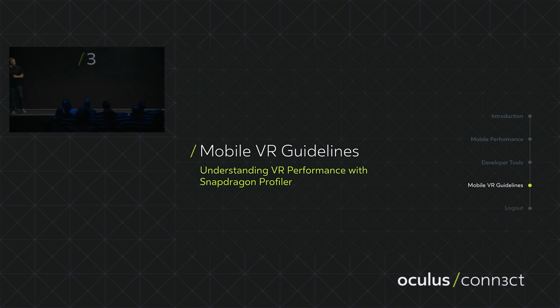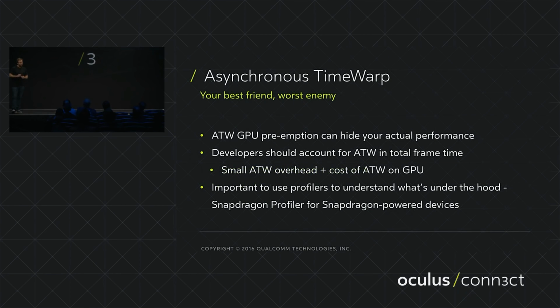So let's get to the fun part, the guidelines. Wanted to make a comment about asynchronous time warp. I believe Oculus kind of covers this too, but just to reiterate, asynchronous time warp is definitely your best friend, but it's also your worst enemy if you're not aware of what's really going on.